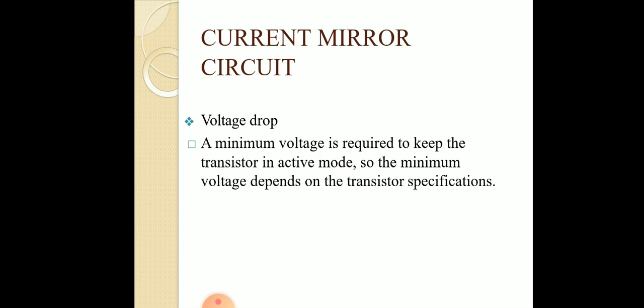A voltage range in which a current mirror circuit can work is called the compliance range, and the minimum to maximum supported voltage in this compliance range is called the compliance voltage.